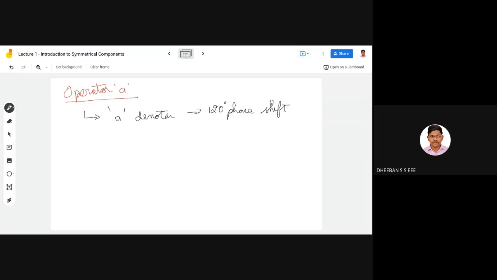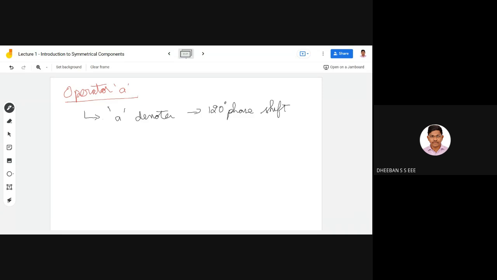It is a vector representing a phase shift of 120 degrees, so you can represent that in the form of a complex term.